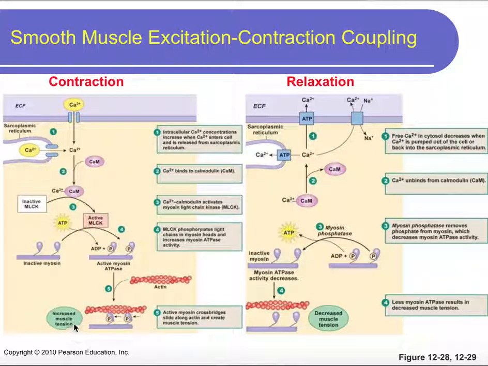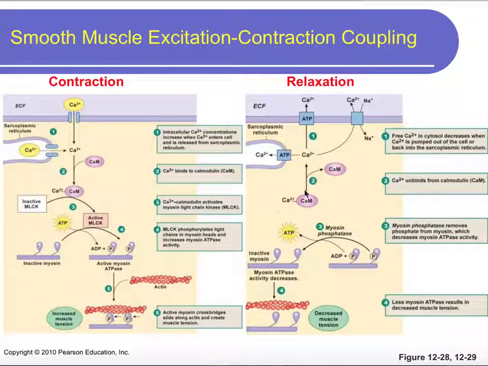So you're going to contract, and then to relax, you put calcium back where it came from. Calcium came from the sarcoplasmic reticulum, so you're going to pump it in there. It came from the ECF, so you'll pump it out there. As you lose calcium from the cytosol of your muscle by pumping it into either the SR or the ECF, calcium and calmodulin will start to unbind.